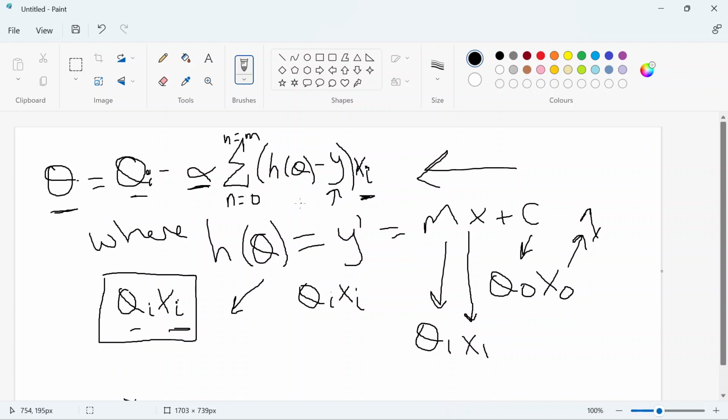So we will be solving this equation where theta is our parameter. You can think of it as the parameter that you multiply your x's by to get the y's.